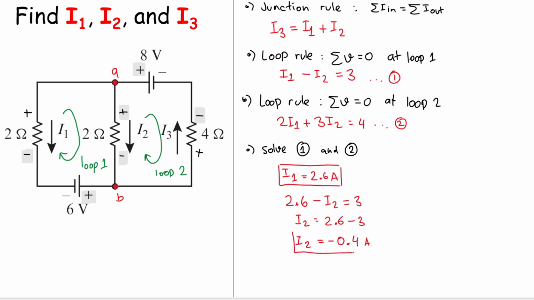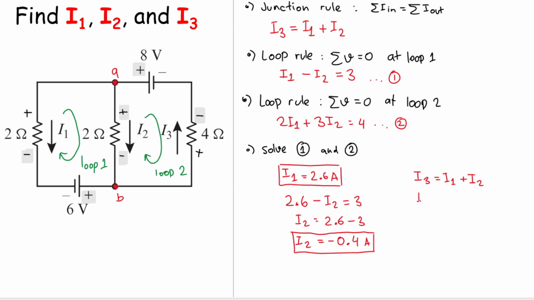So we have also I2. But then from I1 and I2, we can also have I3, right? Because I3 is just the addition of them, right? The sum of them. So we will have I3 here is equal to I1 plus I2.